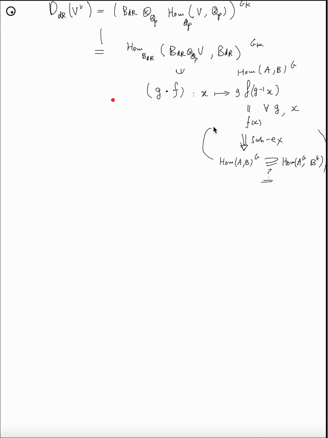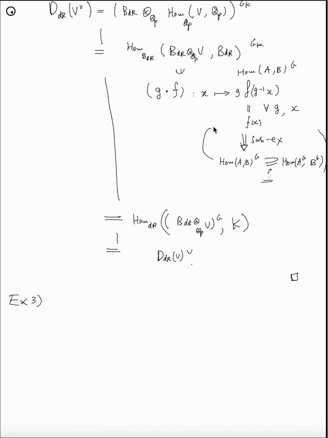And we claim that this is equal to Hom of D_dR, taking fixed points on each part. The second part we know is K, but again Tate. And so this is exactly the dual of D_dR of V. So we are done. The sub-exercise and the corollary I do in the next video.